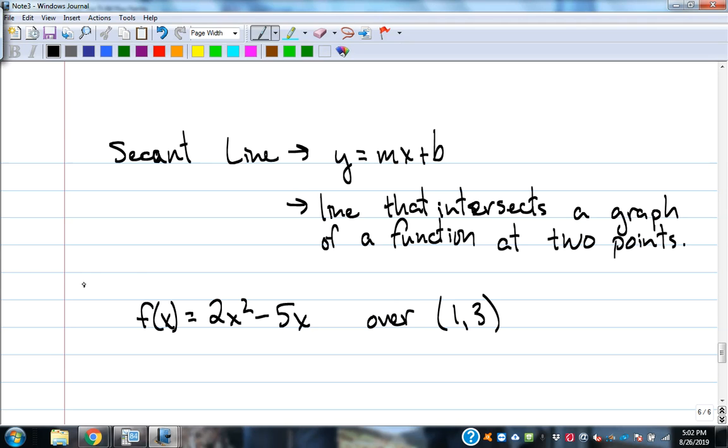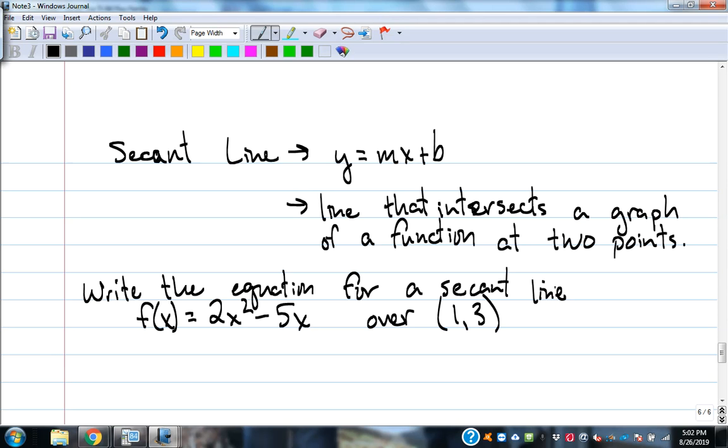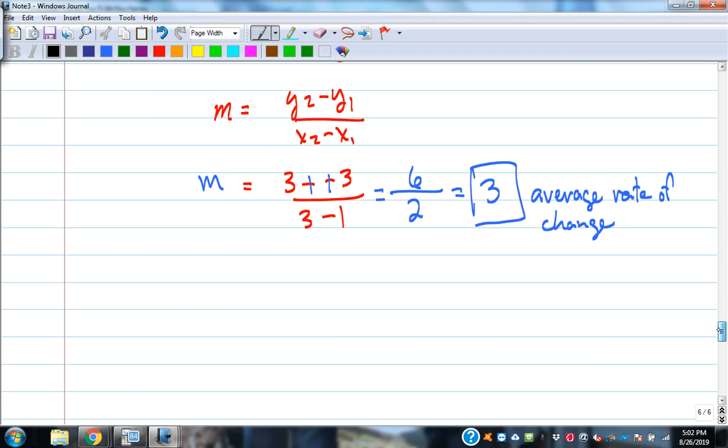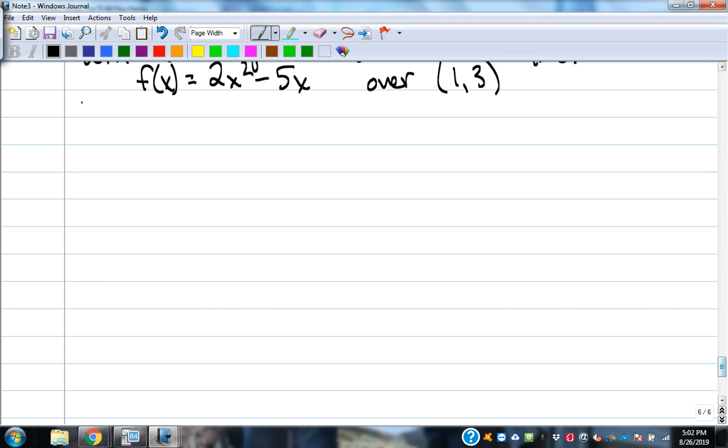So write the equation for a secant line. All right, so steps to writing the equation of a secant line are, first, find the slope.